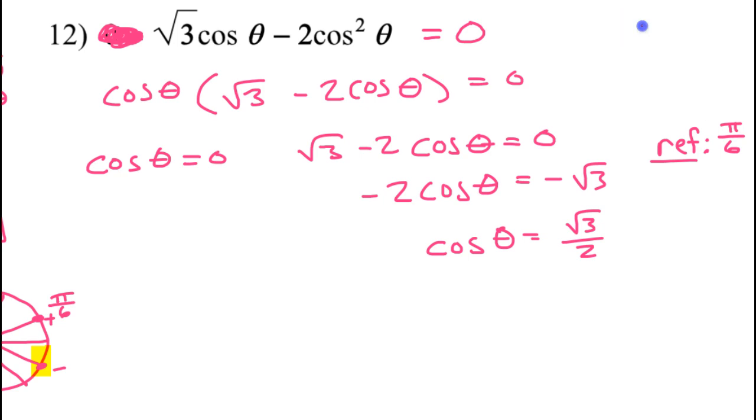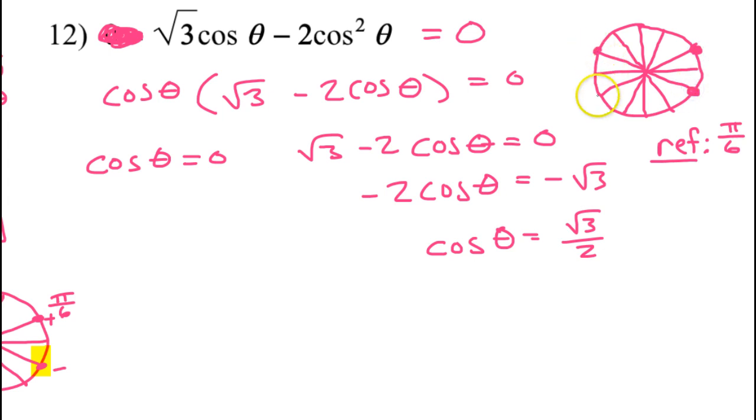Now, think about the diagram of multiples of pi over 6. All right, these four angles have a reference angle of pi over 6.